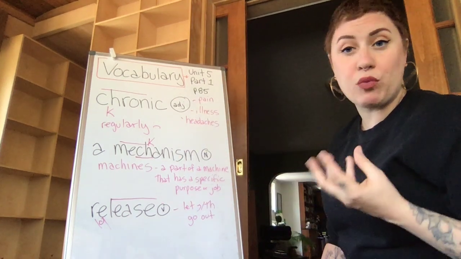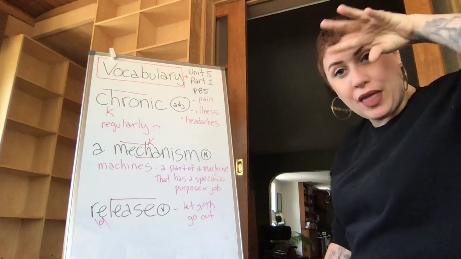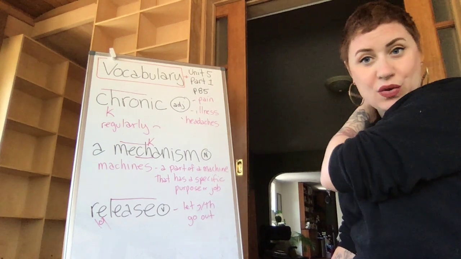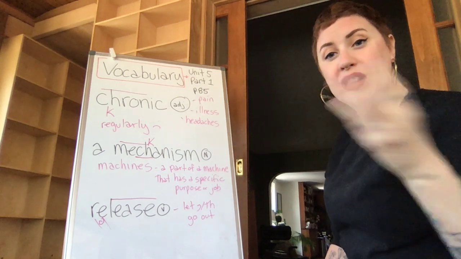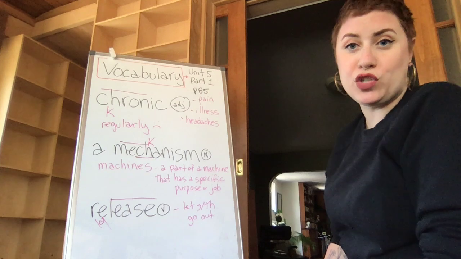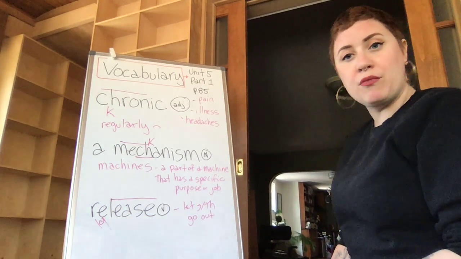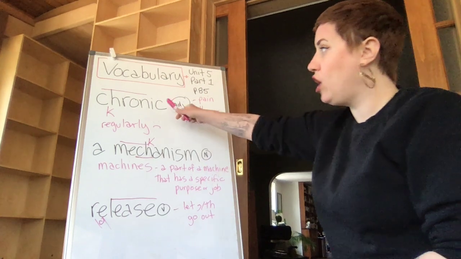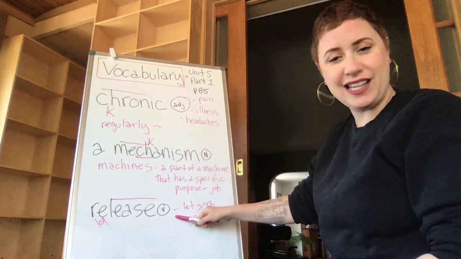And in this case, we're talking about how the brain releases a hormone called oxytocin. So it's like when something goes out or leaves an area to go to another area. Okay, so our first three vocabulary words are chronic, mechanism, and release.